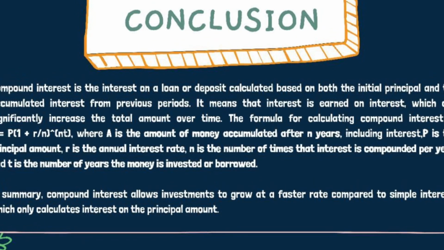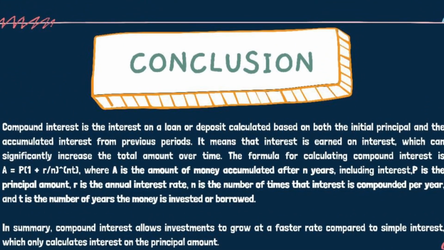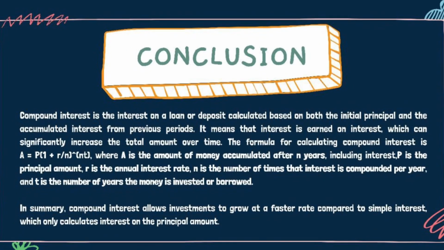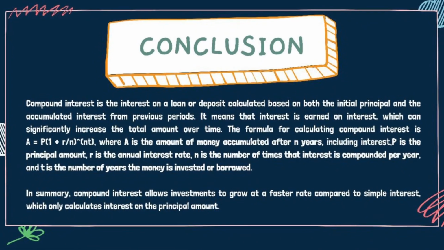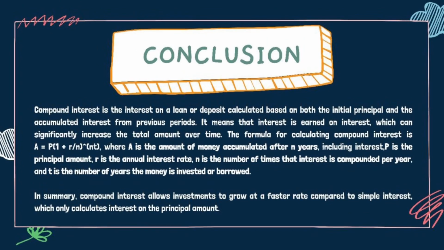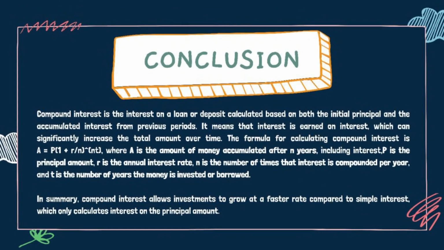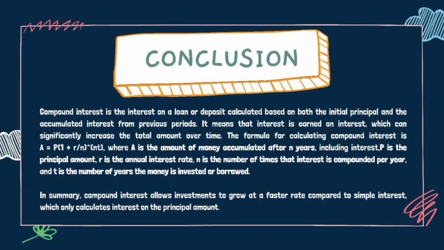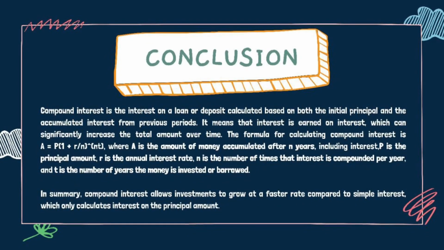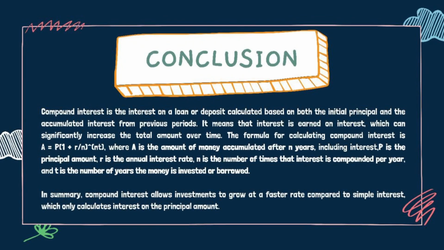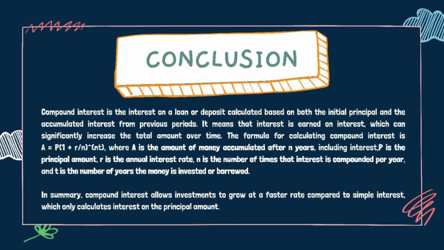As a conclusion, compound interest is the interest on a loan or deposit calculated based on both the initial principal and the accumulated interest from previous periods. It means that interest is earned on interest, which can significantly increase the total amount over time. The formula for calculating compound interest is A equals P (1 plus R over N) to the power of N times T, where A is the amount of money accumulated after T years, including interest.